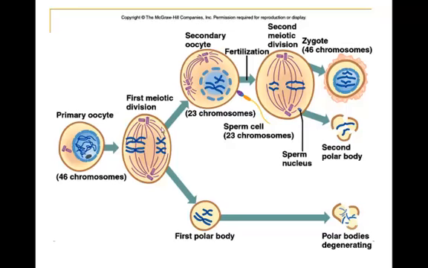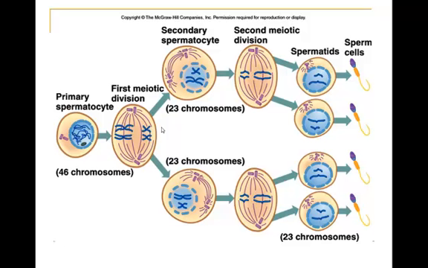Let's look at this picture because it's talking about spermatogenesis. In spermatogenesis, we start with a primary spermatocyte. Cyte refers to cell. It divides and takes those chromosomes and divides them into 23, and eventually we end up with four sperm cells. However, I'm just going to go back to the previous one.